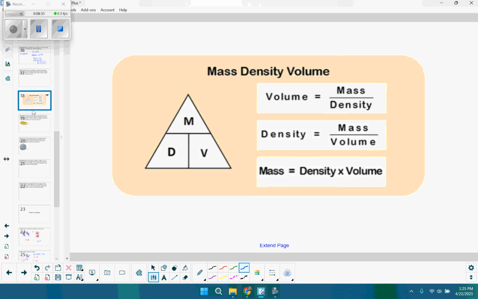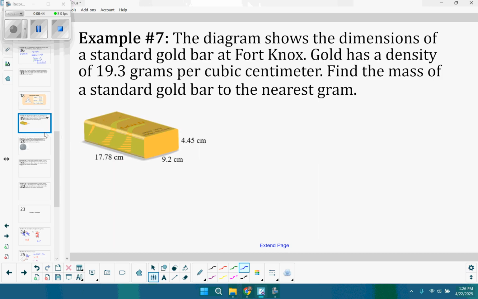So let's recall again mass, density, and volume. Mass is equal to density times volume. Volume is equal to mass over density, and density is equal to mass over volume. So in example 7, the diagram shows the dimensions of a standard gold bar at Fort Knox.